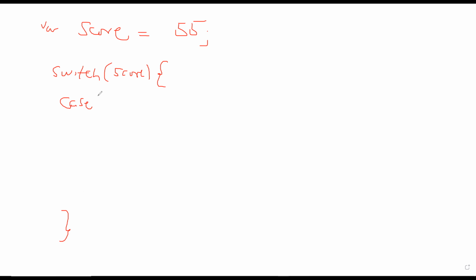Case when the score is maybe, for example, 55. I'm not going to use this, I'm just trying to explain what switch is all about. When it is 55, then do something.